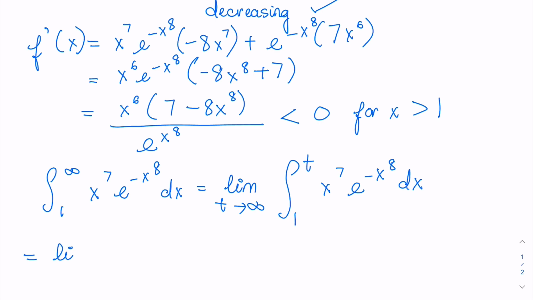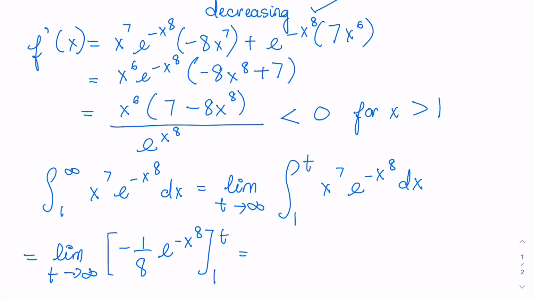Now let's take the limit as t goes to infinity. So using u substitution, I ended up with negative 1 over 8 e to the negative x to the 8 power, evaluating from 1 to t.